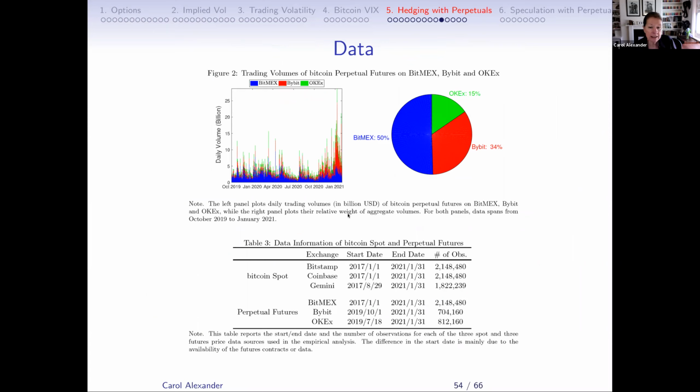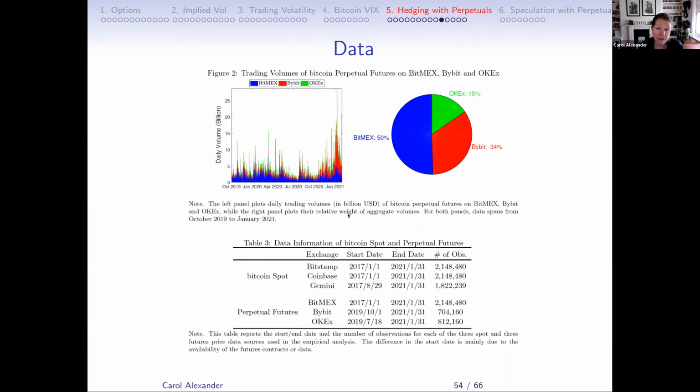Okay, so the latest data that we've been using are on BitMEX, Bybit, OKEX, and a few other exchanges as well. I think we've been through so many iterations. It's such an enormous problem.